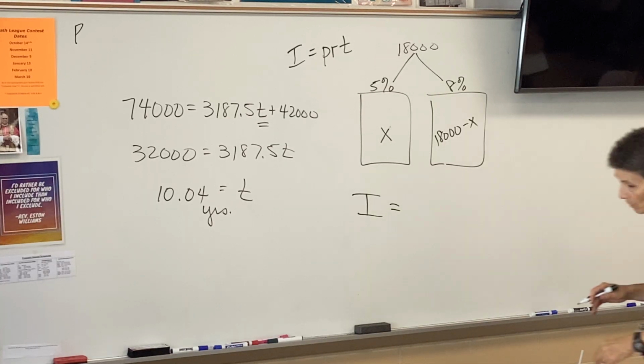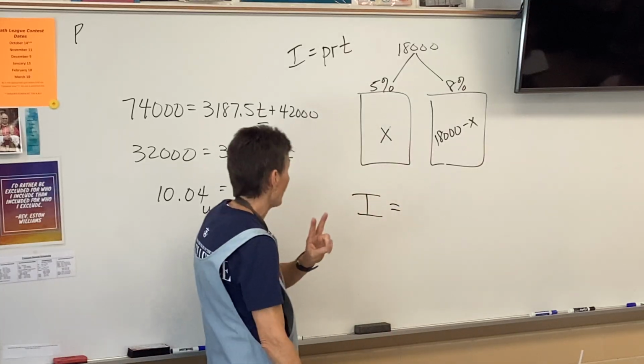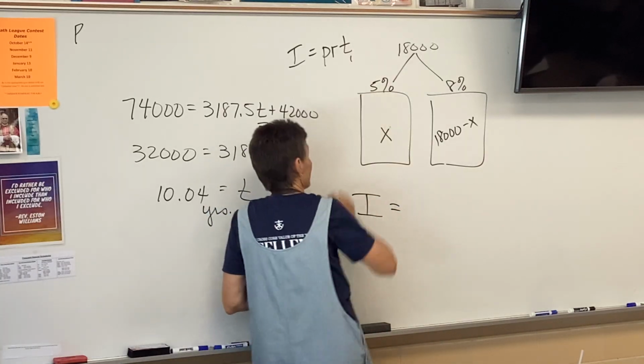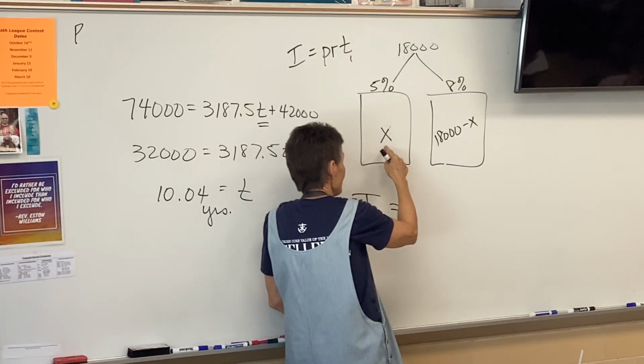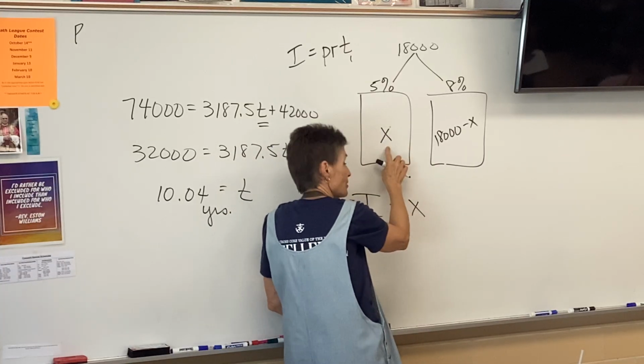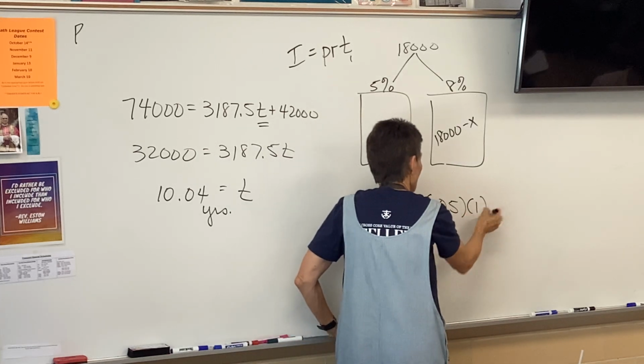Okay? So it says she's going to have it in for 1 year. So our time is 1. So here we go. She is investing X dollars at 5% for 1 year.